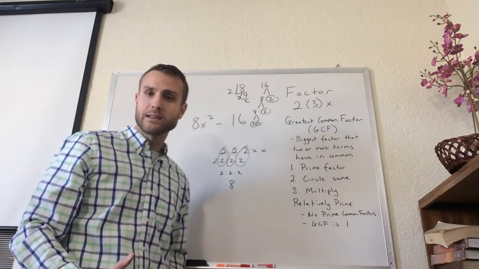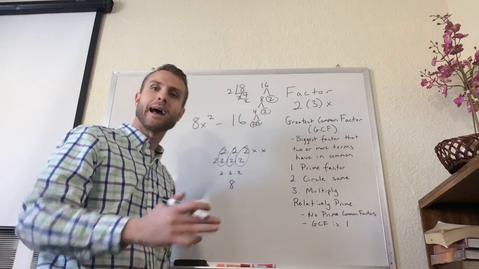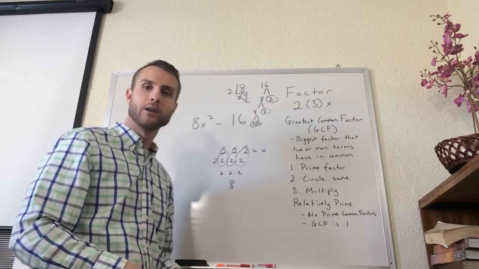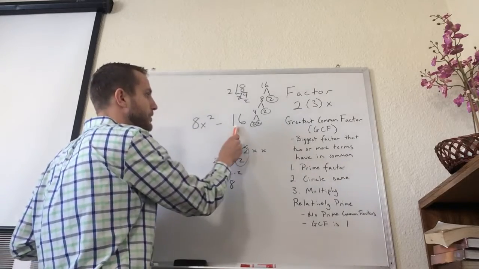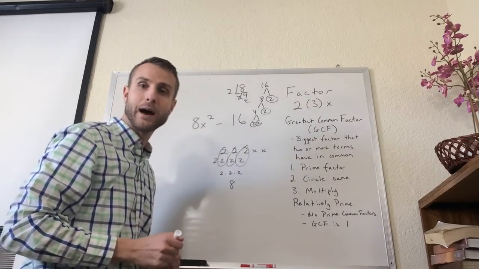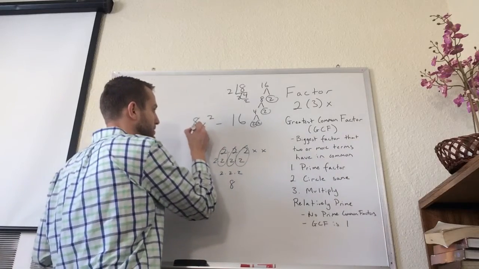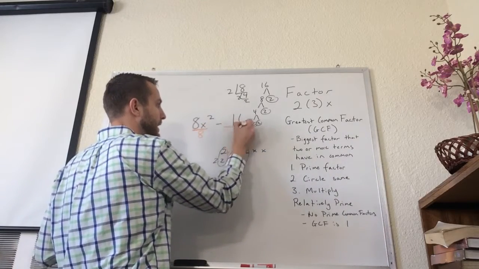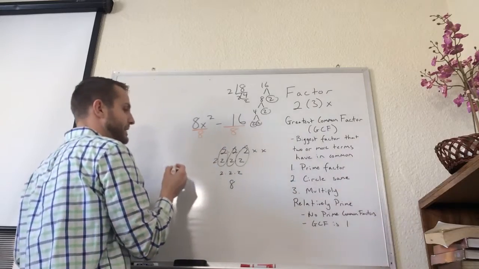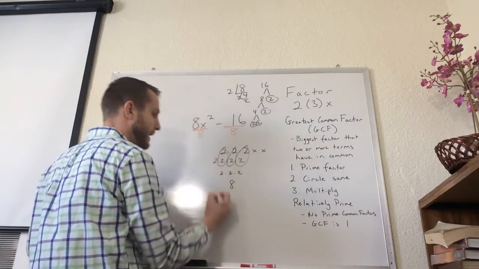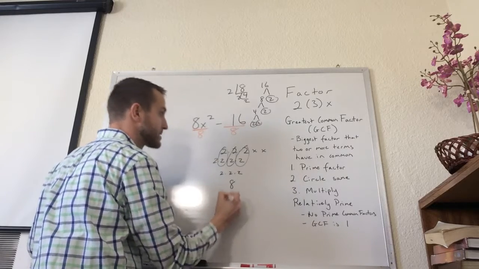Now, once I have my greatest common factor, how do I factor that out of my binomial? What I'm going to do is I'm going to divide both of the terms in my binomial by my greatest common factor. So I'm going to divide this by 8 and this by 8. So what that's going to leave me with is 8 divided by 8 gives me 1x squared.